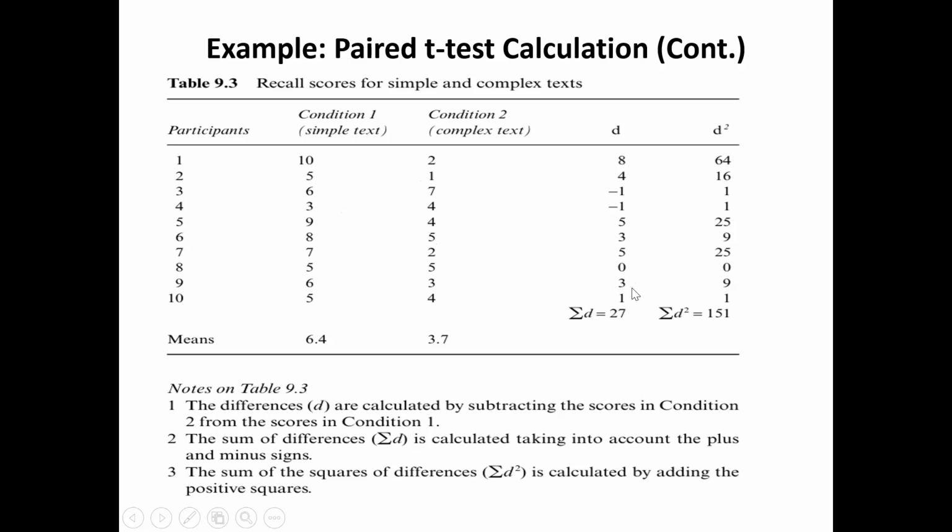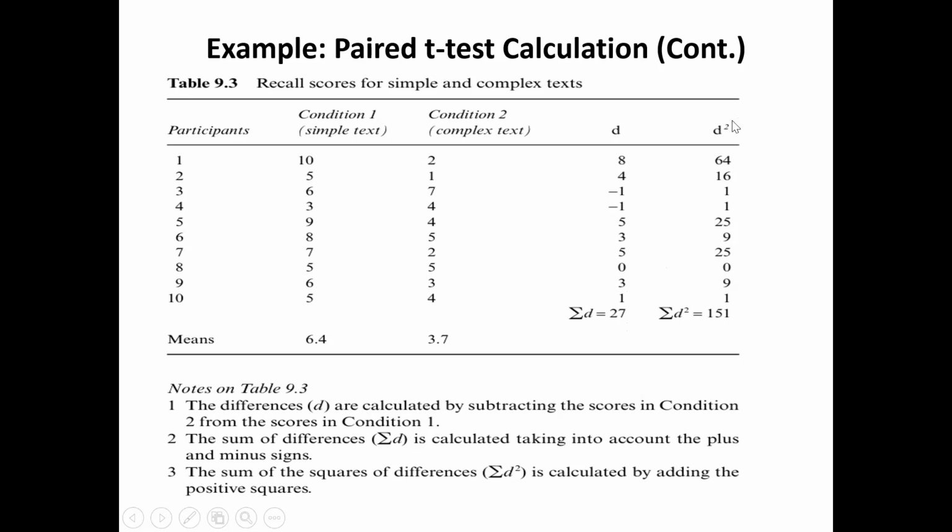You get this data, and then you add it up to get the summation of D. This is the score we obtain, 27, by adding 8 plus 4 plus minus 1 plus minus 1 and so on, and you get 27.